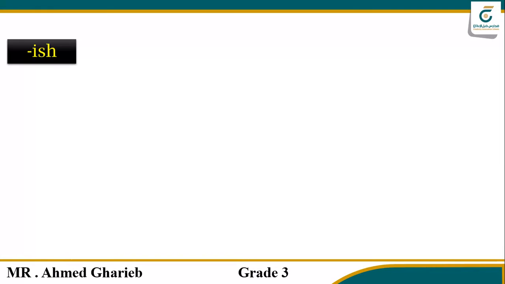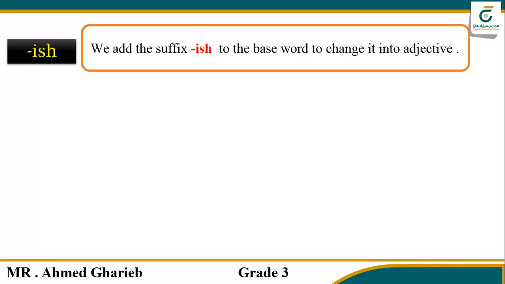Okay, the second suffix is ish, and it has the same function as y. We add the suffix ish to the base word to change it into an adjective. So in most cases the base word is a noun, okay? The same like the y. For example, foolish. Foolish, okay? It contains two parts, the noun fool and the suffix ish.